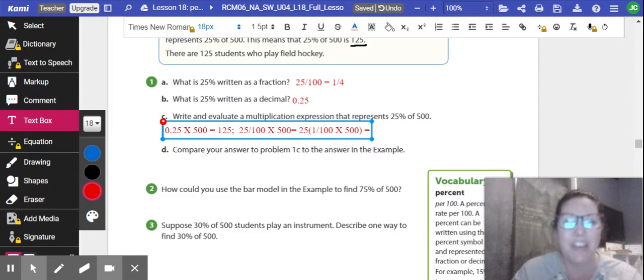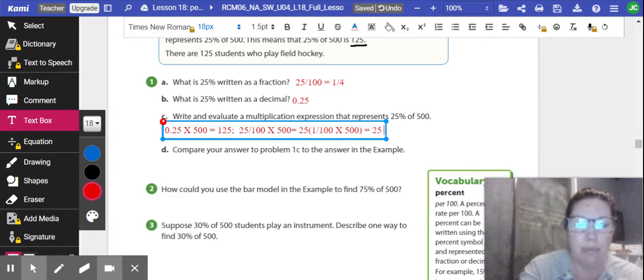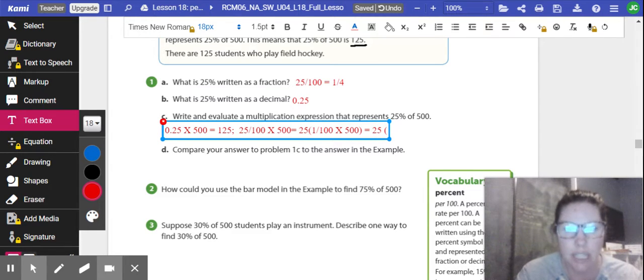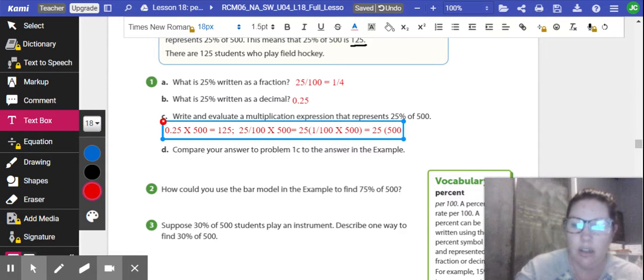Sorry if I'm confusing you guys. So then it's the same thing as 25. Remember when I said yesterday that parentheses right next to a number mean to multiply. It's part of algebraic expressions. So which is the same thing as 500 over 100, which is the same thing again as 25 times.